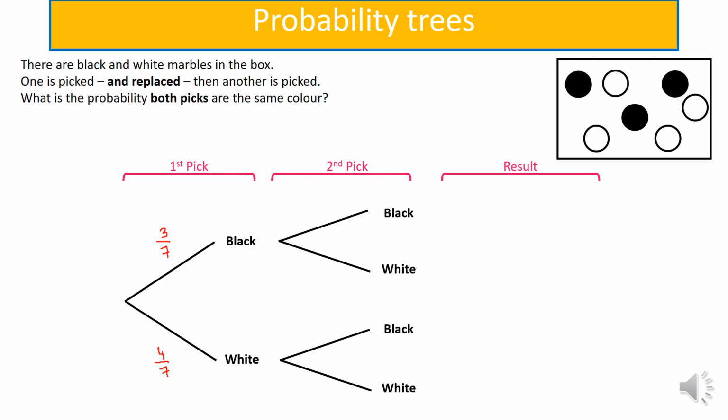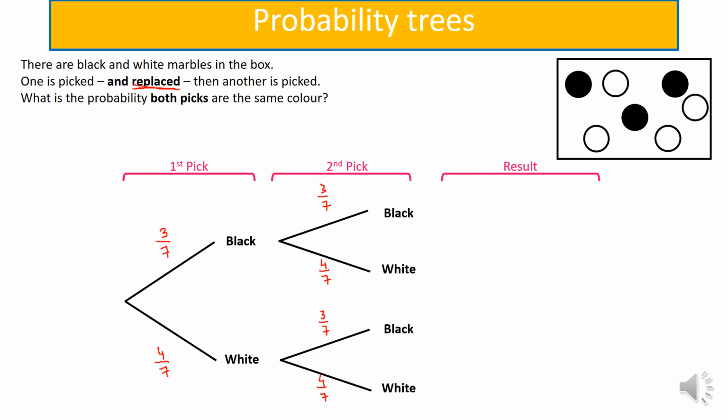For the second pick, the probability of black is still 3 over 7, and that is because we replace the marble, so the number of marbles does not change. The probability of getting a white one is still 4 over 7, and we have the same probabilities on the other set of branches. Now I need to analyze the different results.